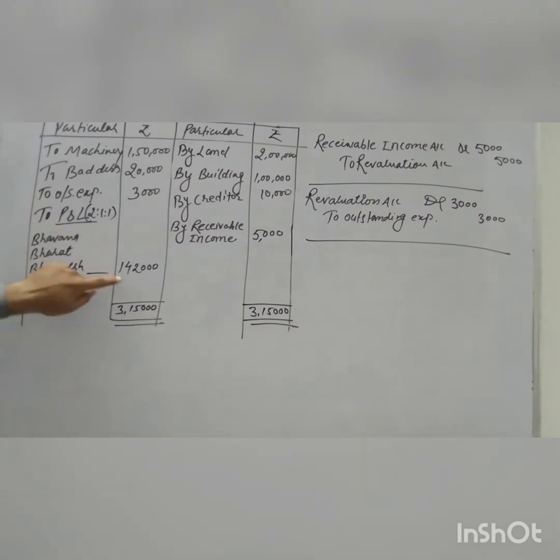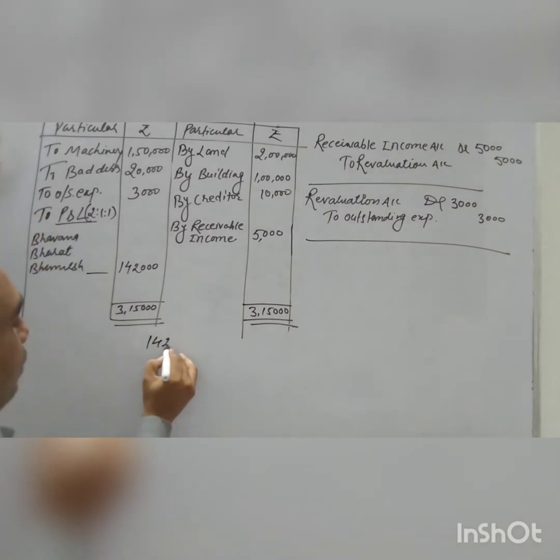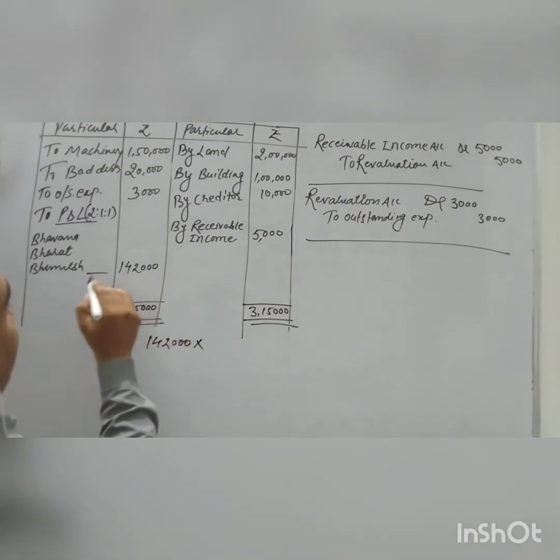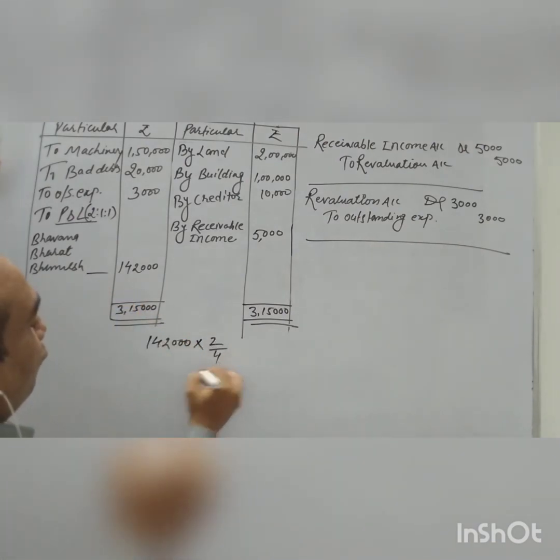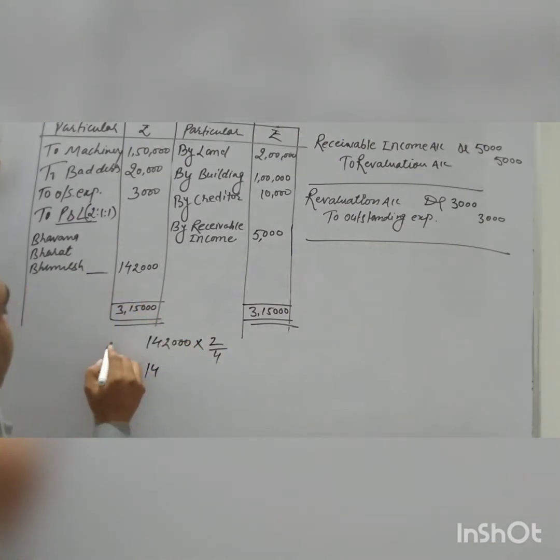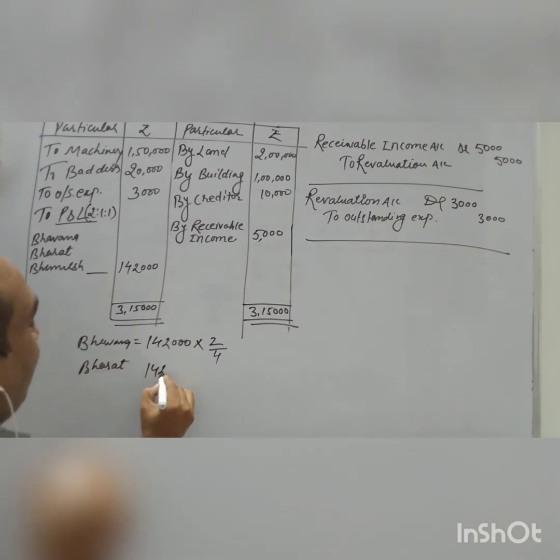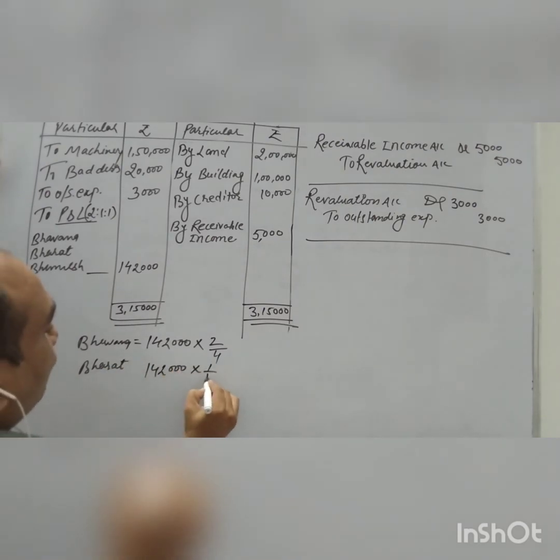Okay, 1 lakh 42,000 multiplied by 2 by 4. This is for Bhavana. And for Bharat, 1 lakh 42,000 into 1 by 4.